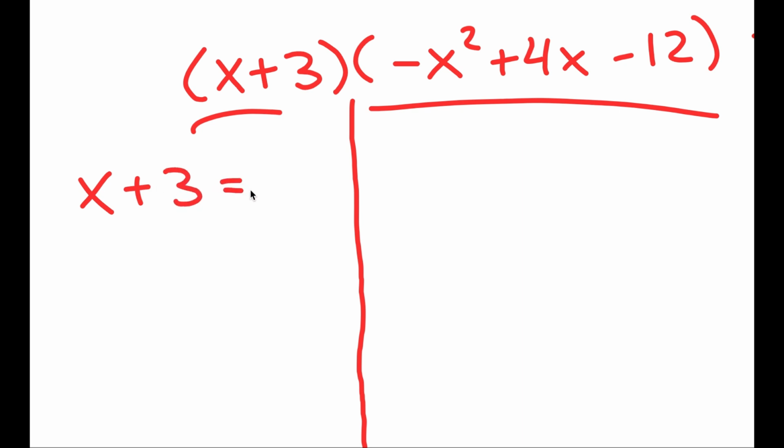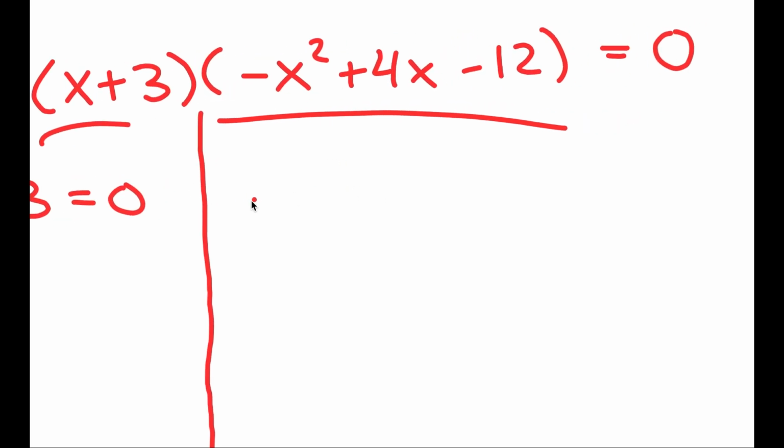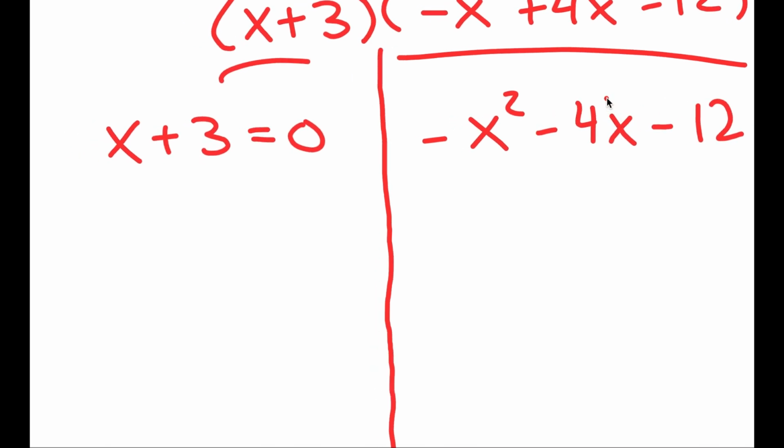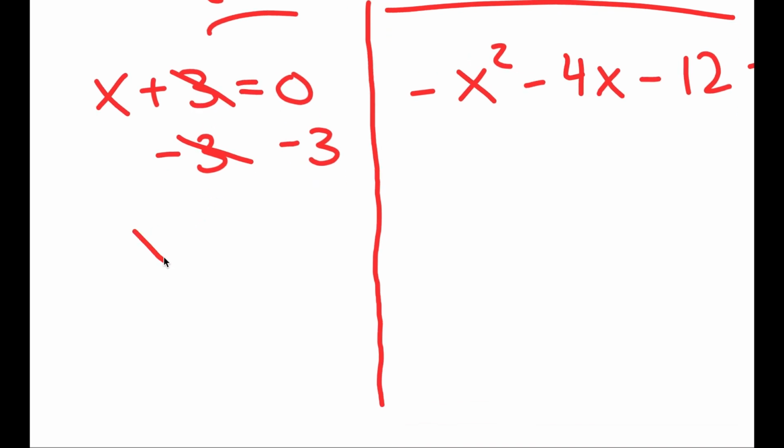I have x plus 3 is equal to 0, and I have negative x squared minus 4x minus 12 is equal to 0. So obviously for x plus 3 equals 0, all I have to do is subtract 3 on both sides, and I get x is equal to negative 3.